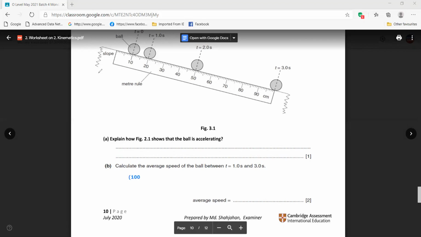I can't see, it's too small. Now I can see, you wrote 100. Yes, sir. 100 minus 10.